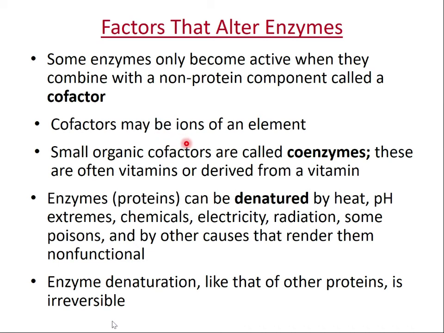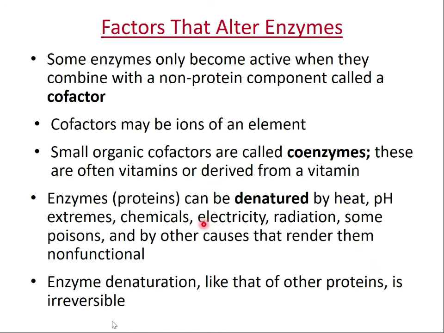Cofactors can be ions or specific elements that will come and make a conformational change in the enzyme, meaning they will change the enzyme to be more effective in carrying out a certain reaction. So once the enzyme has the factors that are needed, it will be able to carry out the reaction in a certain direction.